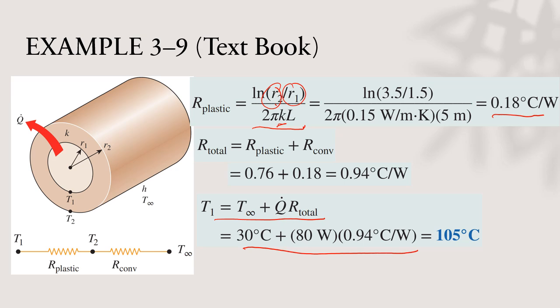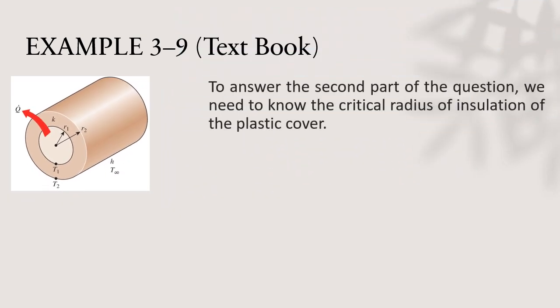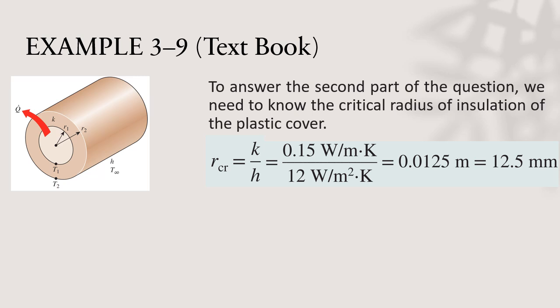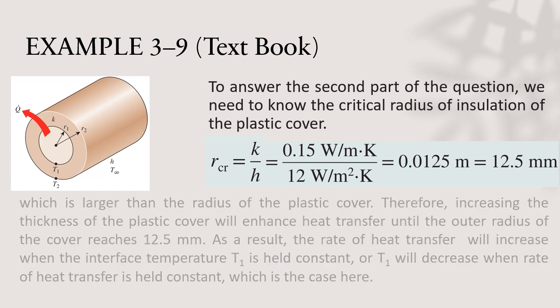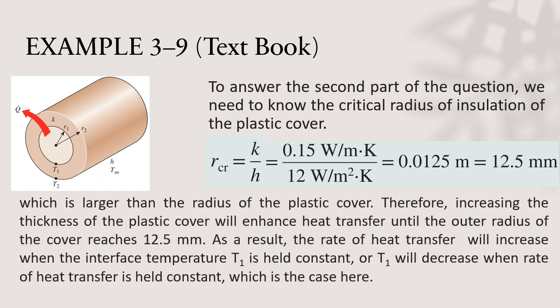Next, to answer the second part of the question, we need to know the critical radius of insulation of the plastic cover. The critical radius of insulation can be calculated using this equation: R critical equals k over h. k over h is given in the question. Plug in the values into this equation. We get R critical equal to 12.5 millimeters, which is larger than the radius of the plastic cover.